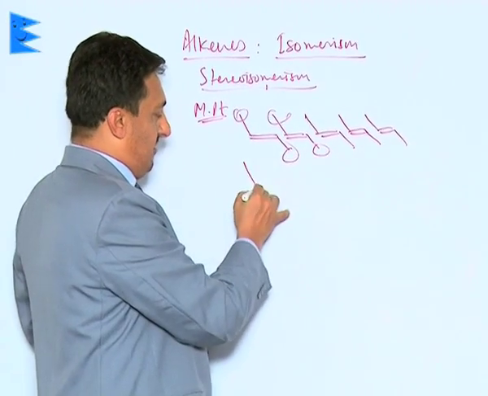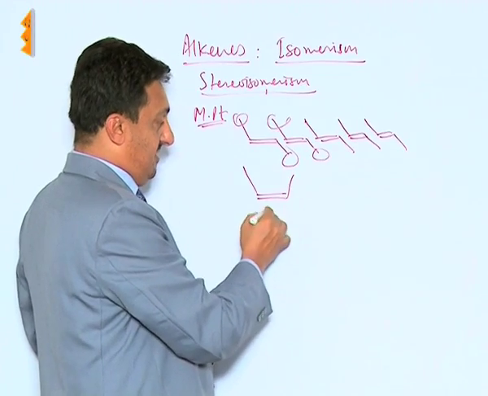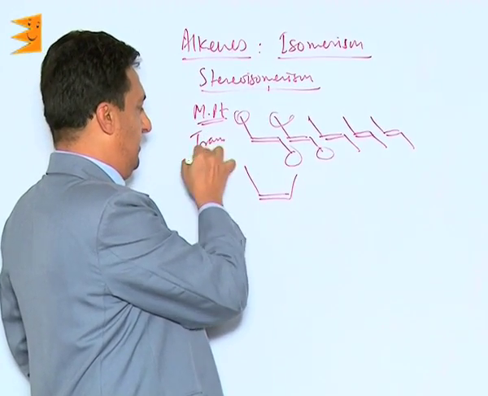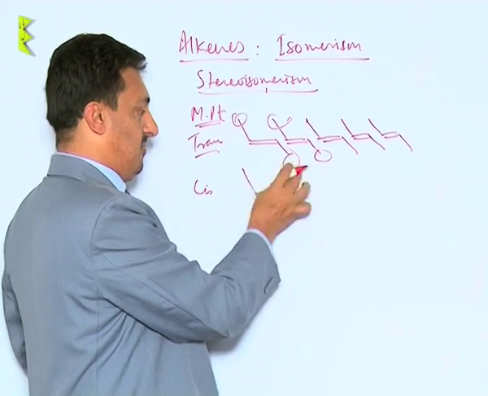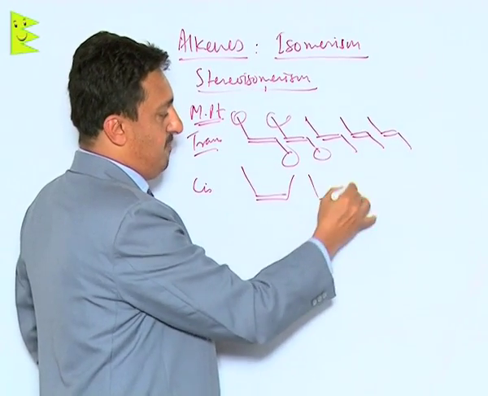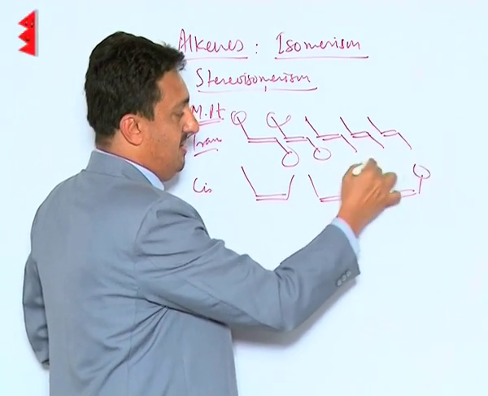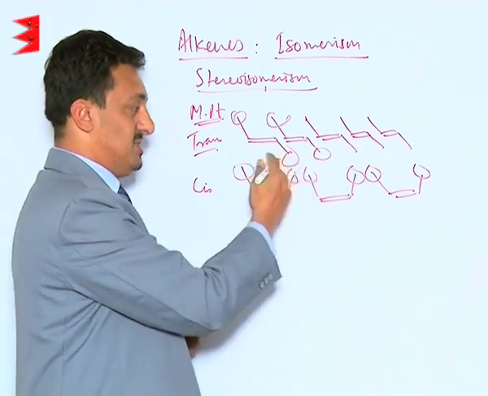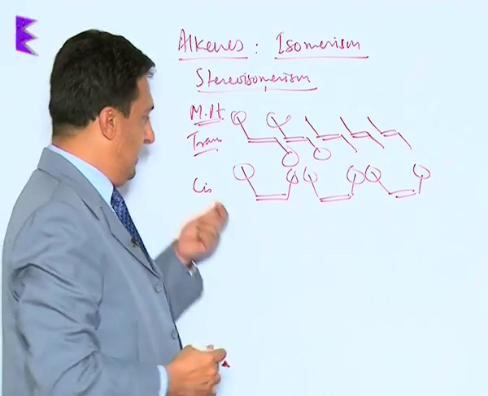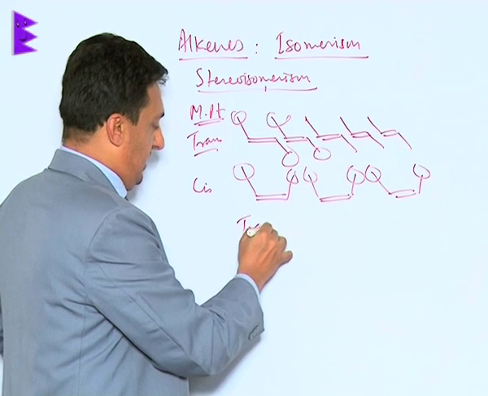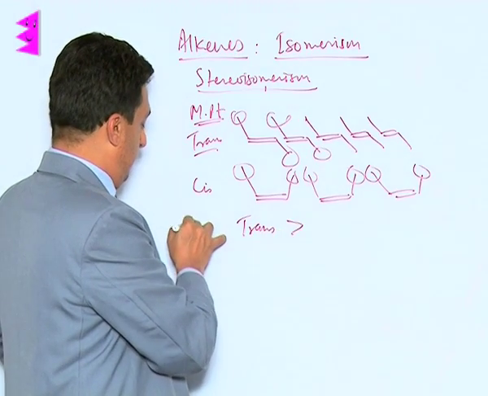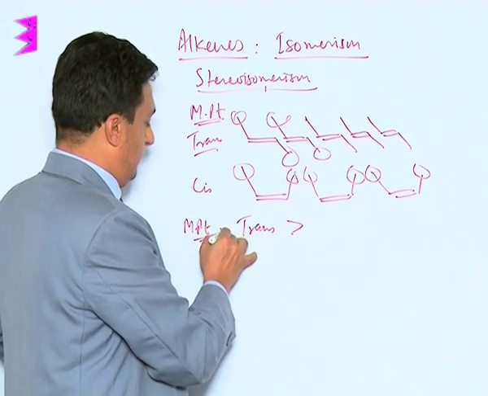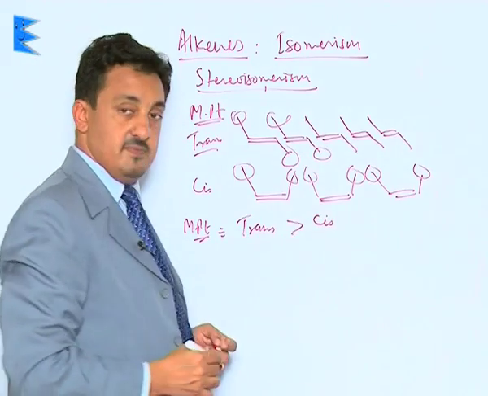Whereas if we try to pack the cis one, this is for trans and this is for cis, the methyl groups are on the same side, so we can't pack them very compactly. The reason being we get steric repulsions. As a result, the melting points of trans isomers are always more than cis.